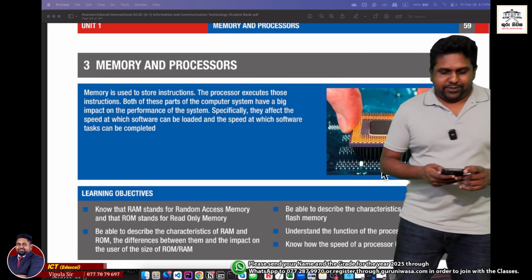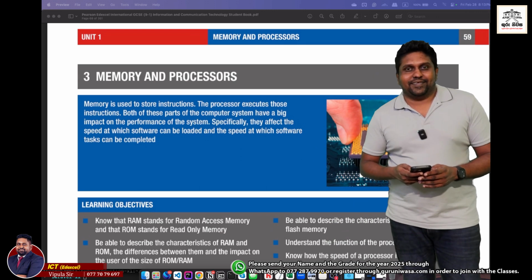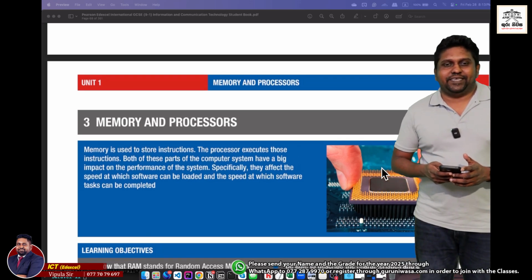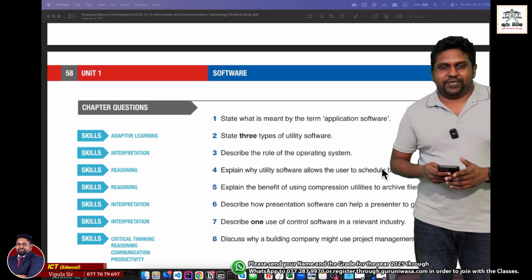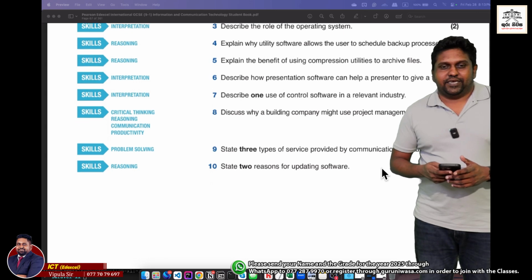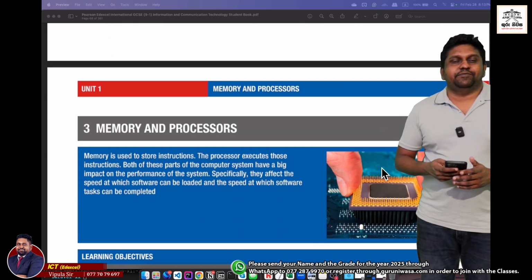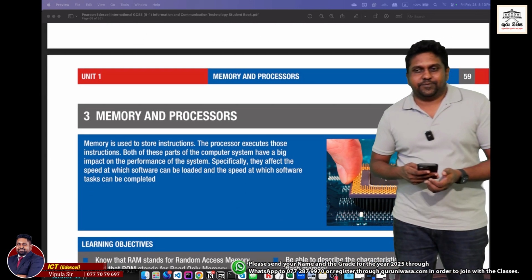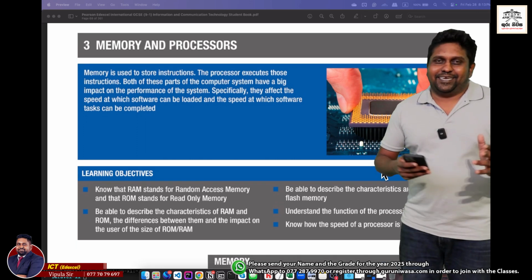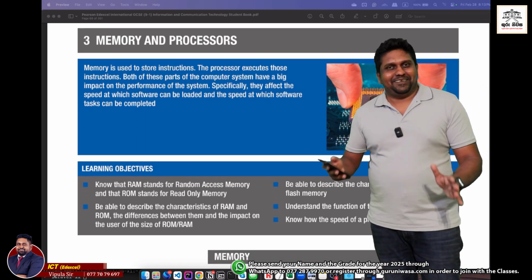Okay, super. So during our last class, our Wednesday, we came up to this point where we actually finished the software part, and now we jump into memory and processors. Okay, so again, I know it's typical theory.